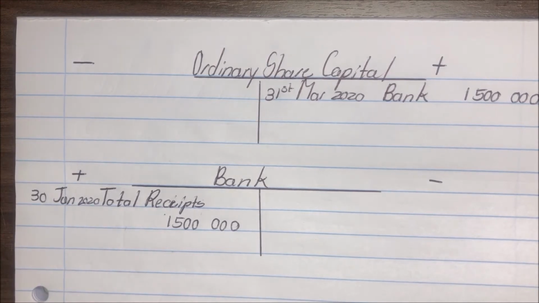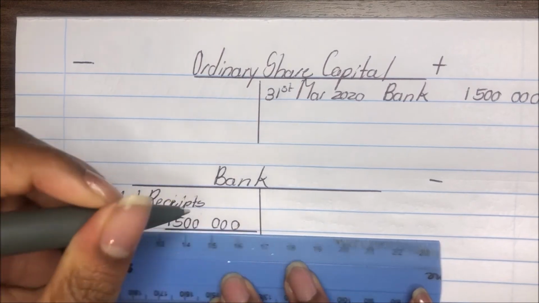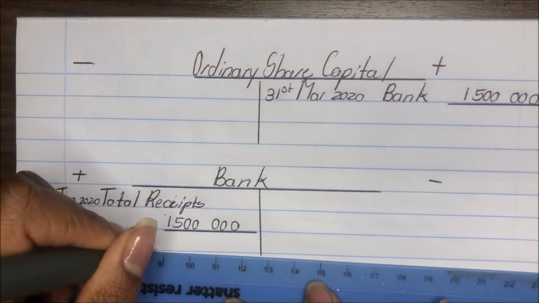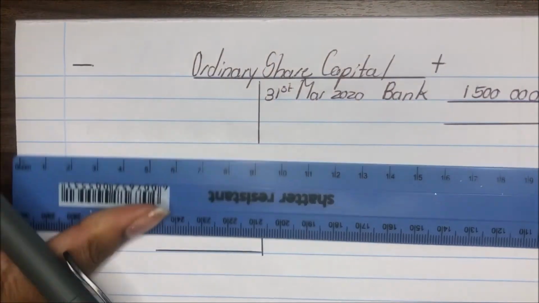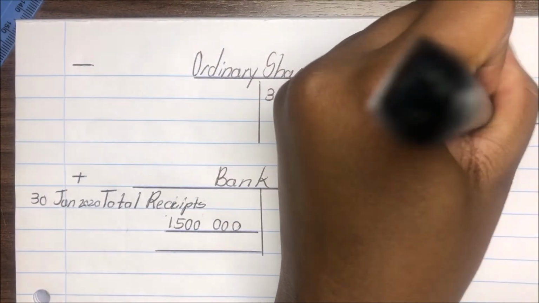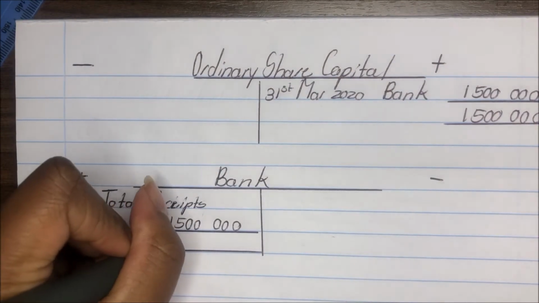Again, a very important thing that you need to do, which earns working marks, is to close off the accounts. It's 1.5 million for ordinary share capital and 1.5 million for bank.